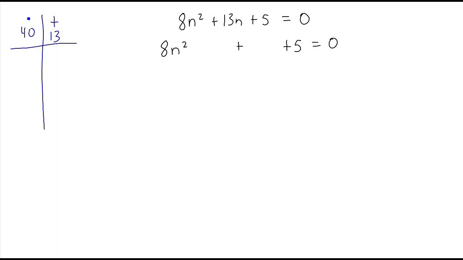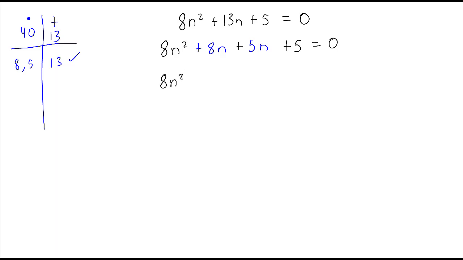Well, I started off by multiplying 8 times 5 to get 40, so I'm actually going to just start there. 8 and 5 multiply together to be 40. They add together to be 13. So first try, I got the two numbers, positive 8n and positive 5n. So 8n squared plus 8n plus 5n plus 5 equals 0.